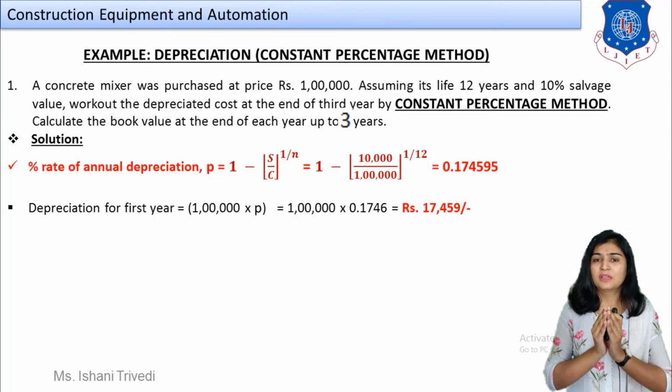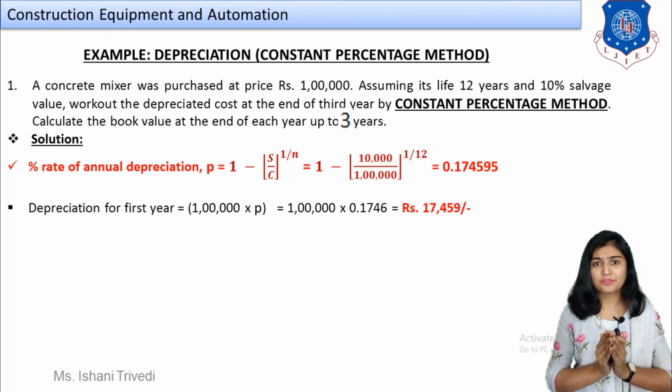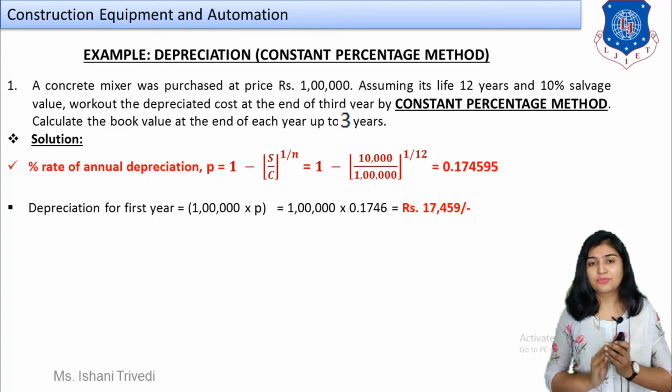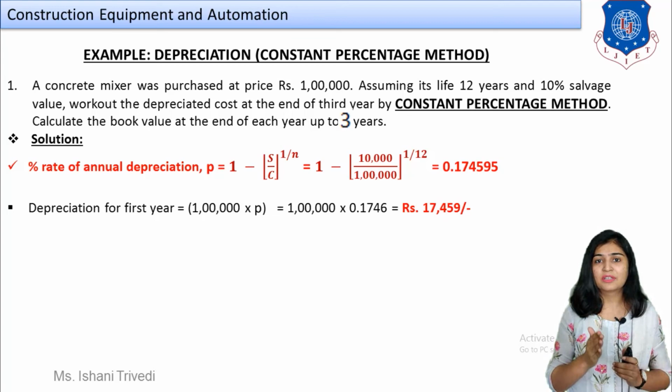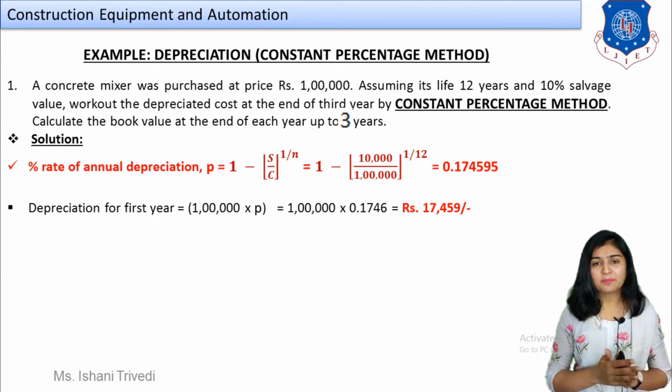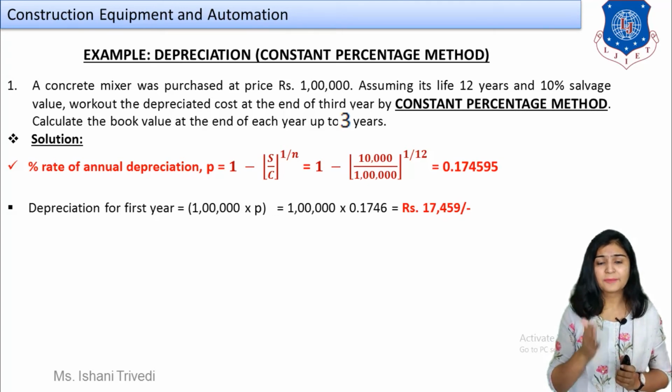So here what we have is depreciation for first year. How are you supposed to find out? Once we have that 17.46 percent as your constant percentage, to find out the depreciation at the first year, you have to simply multiply with the total cost. So the initial cost 1 lakh multiplied by P, that is your percentage rate, equal to 0.1746.